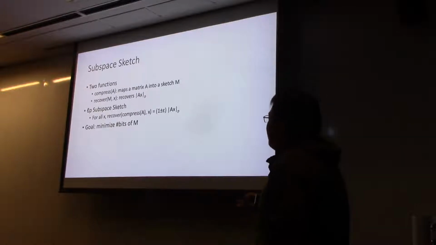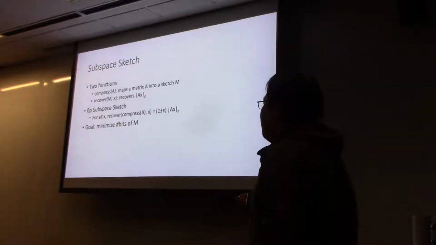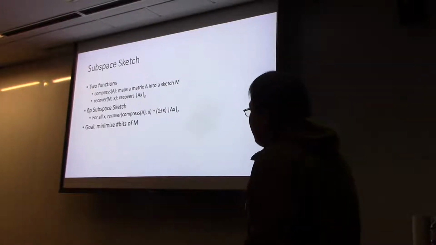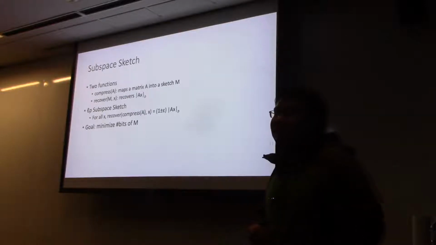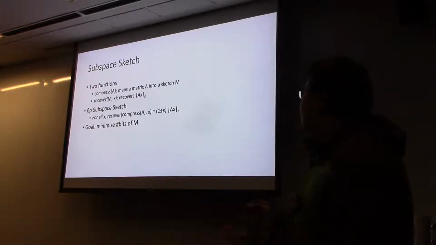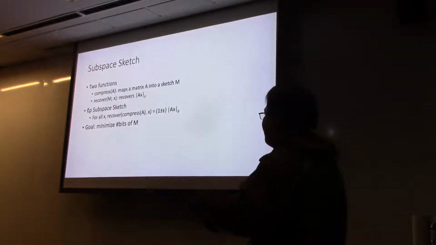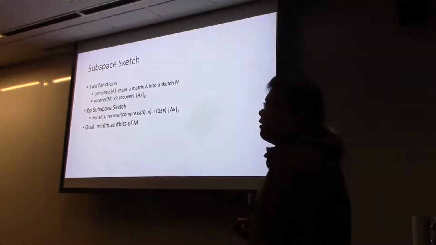We say this pair of compress and recover is an LP subspace sketch if, for all vectors X, you first compress the matrix and then recover the LP norm of AX, and you get a 1 plus epsilon approximation. This is some kind of information theoretical version of subspace embeddings, where the goal is not to minimize the dimension, but we want to minimize the number of rows to do the compression.